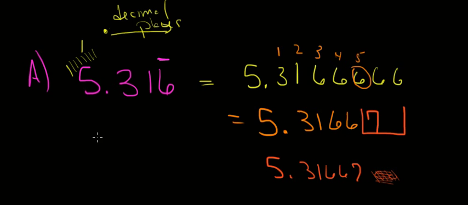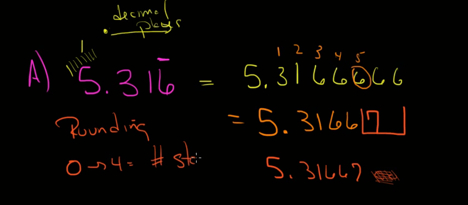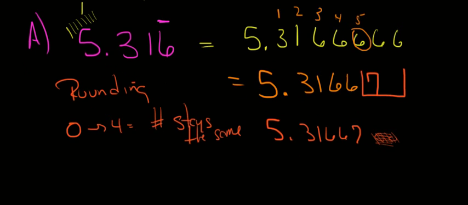How do we know? Okay, remember when we're rounding, let me write this here. When we're rounding, if the number is 0 to 4, the number that we're talking about stays the same. Remember that rule? If the number is 5 and up, then the number goes up 1.